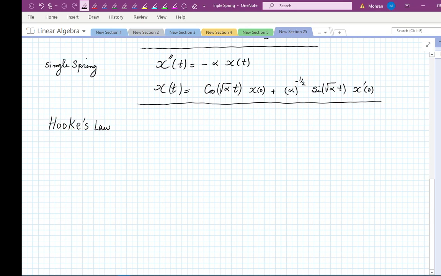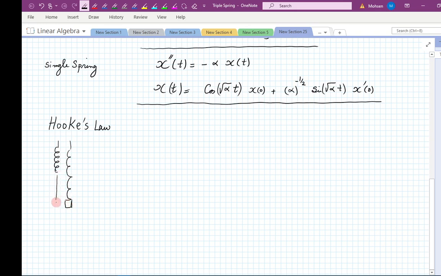Hooke's law explains what happens in just that spring we were looking at, or any item that you can stretch and it bounces back to the original position and oscillates. So if I have a spring, just like that spring we were looking at, when I attach a mass to this thing, of course it stretches.